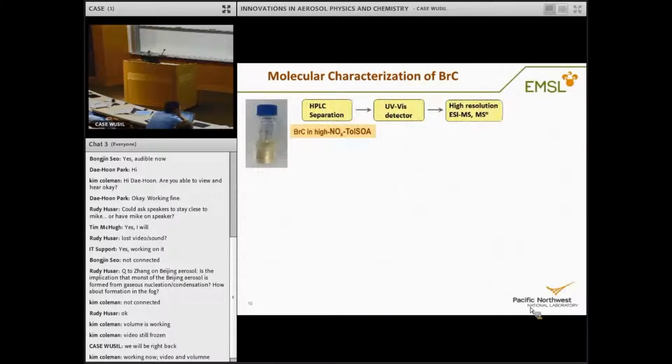So what we did next, in this case we need substantially more material. So this is a solution of the brown carbon material, and we applied HPLC separation, followed by UV detection and high resolution mass spectrometry. We did a correlated analysis of the mass spectra and UV data obtained from this tandem approach.